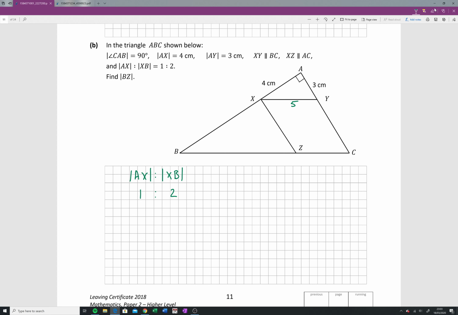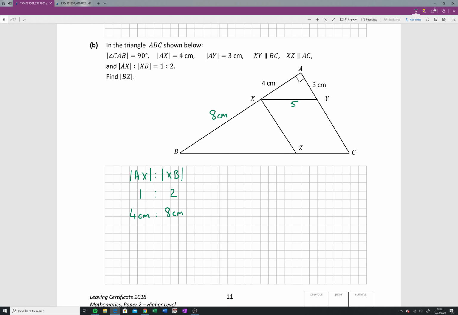So that tells us very simply, since we know AX is 4 centimeters, then clearly XB is going to be 8 centimeters. So we know that this thing here is 8 centimeters. That's all fine, no problem with that.